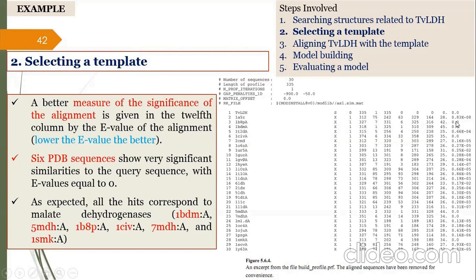In this case we got six zeros for the expect values: 1BDMA, 5MDHA, 1BP8A and 1CIVA.